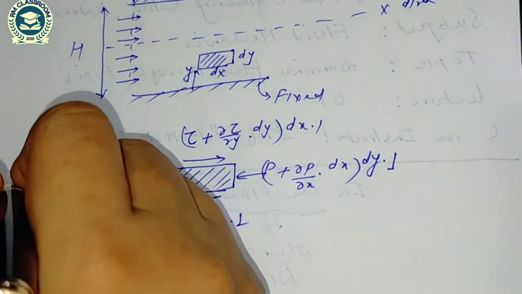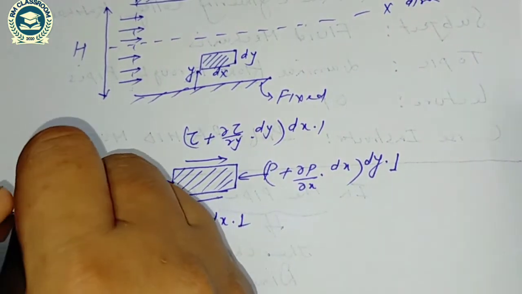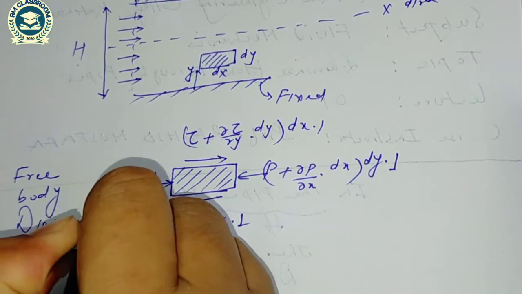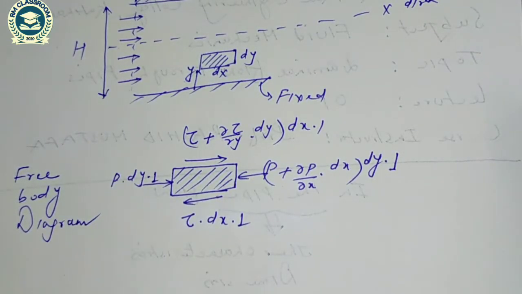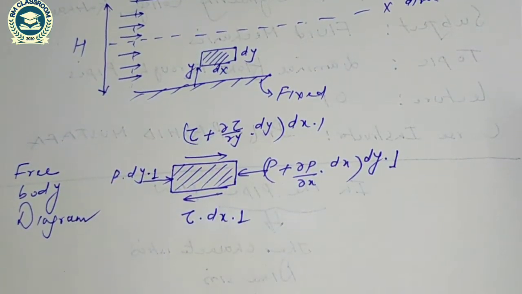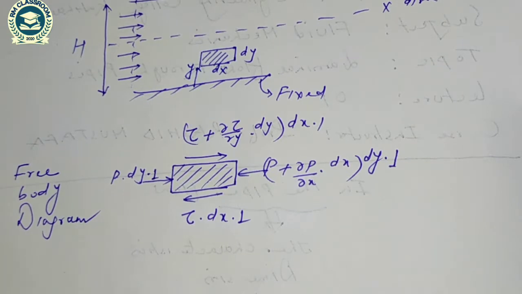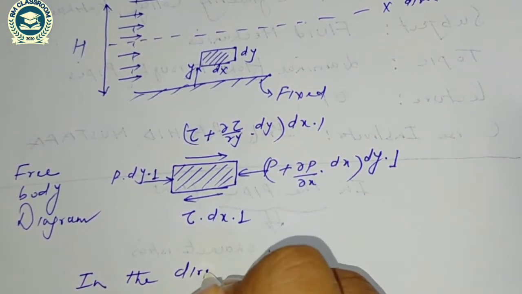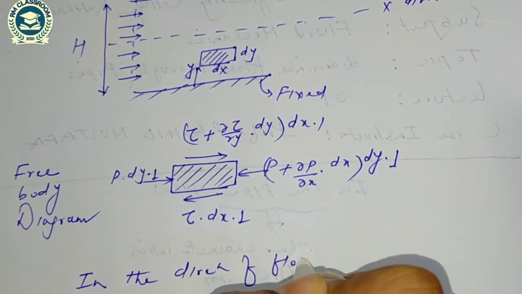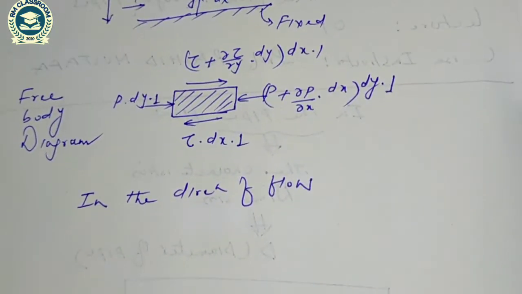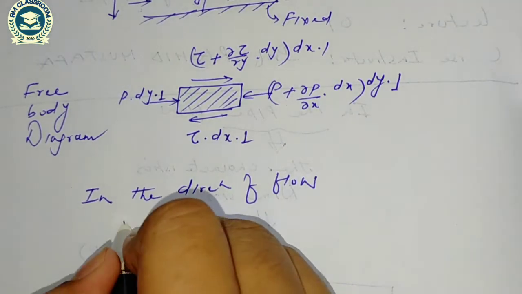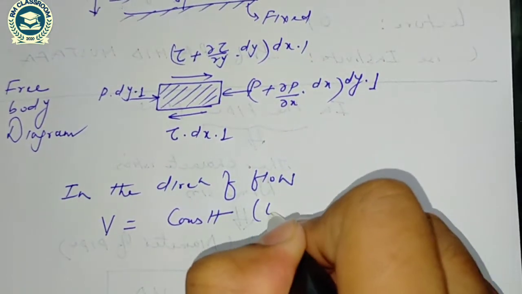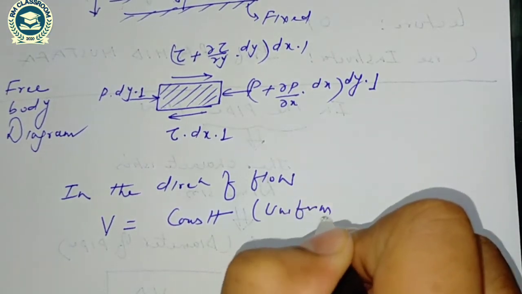So this is the free body diagram. If I equate the forces in the direction of flow, as the flow is uniform, V is constant because of uniform flow.